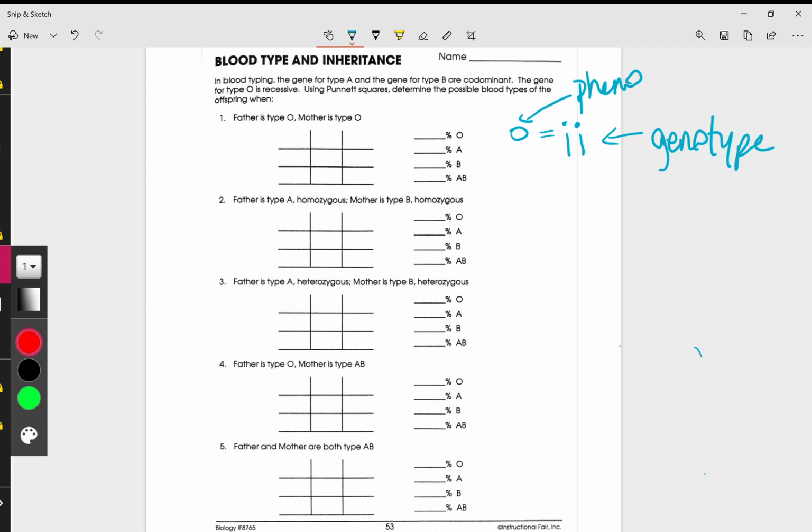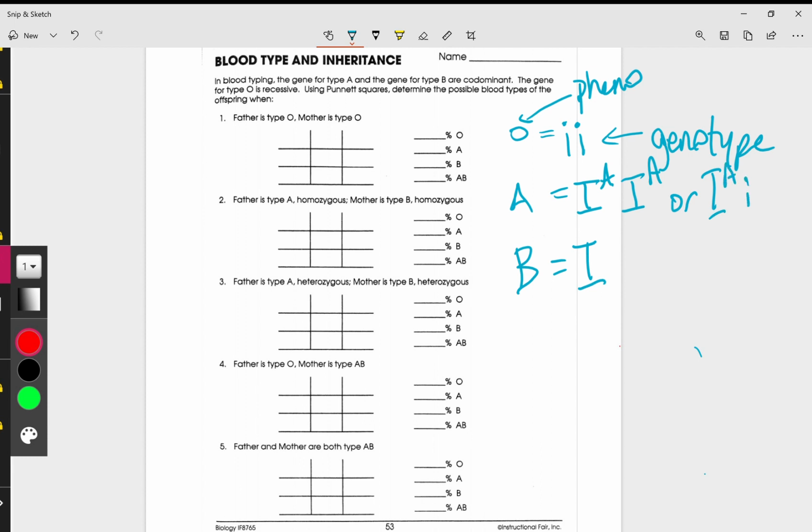Okay, if I have A blood type, which they tell me I have A blood, I could have, remember, because A and B are dominant, you're going to make a capital I for dominance. This is your recessive, so you're going to make a little i. And then these are your choices. You can have IA IA, or IA and little i.